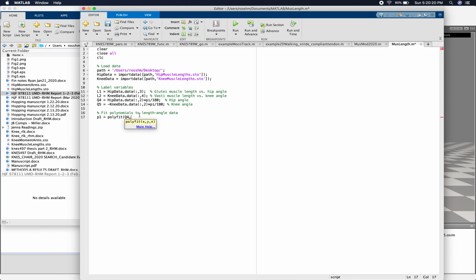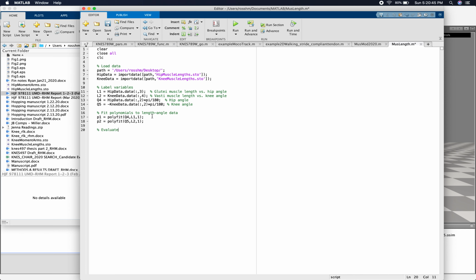You tell it the y data. For us, that's length of the glutei. And then you tell it the order of the polynomial, some integer greater than or equal to 1. So let's just start with the lowest one, 1. And then we will do the same thing for our knee angle and our knee muscle length, and same minimal order there.